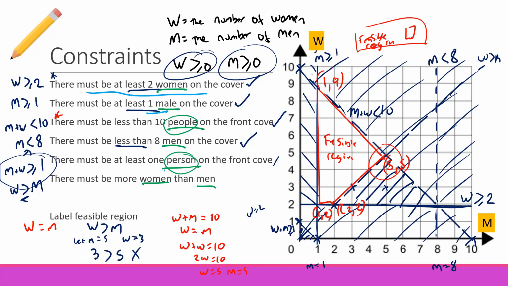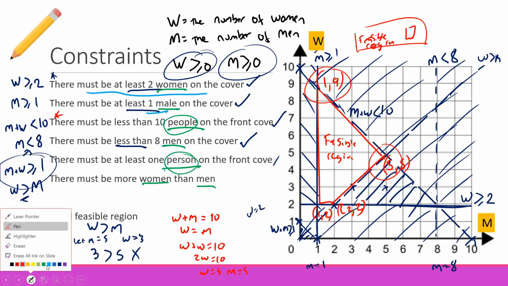And you can do the same thing for this one here, which is W plus M equals 10, but if M equals 1, then W must equal 9. So it gives you this feasible region here. And then you can see that some of these corner points are included. Some of these are not. The ones that are included are this one, and this one.